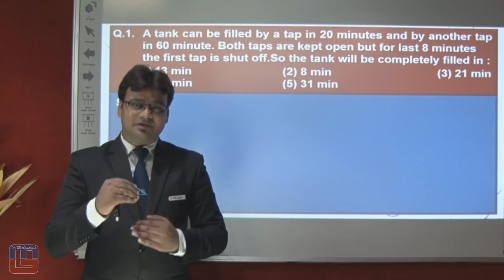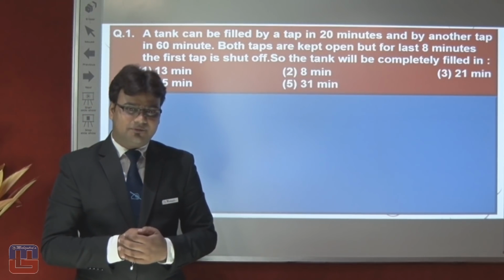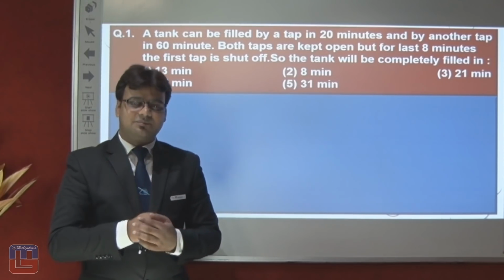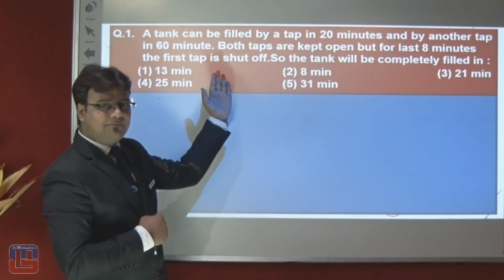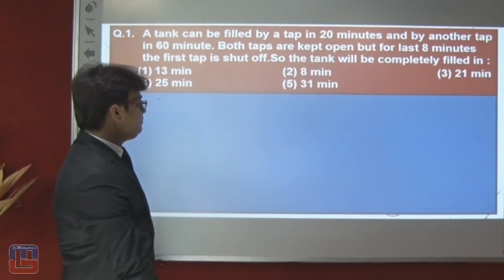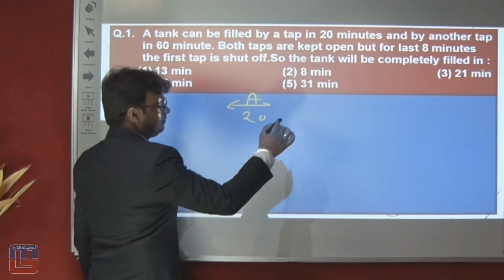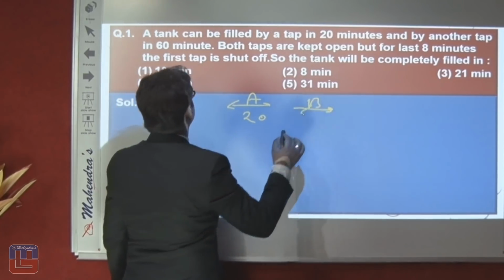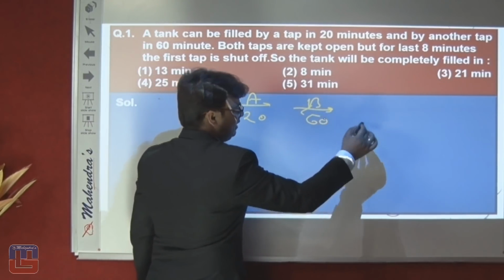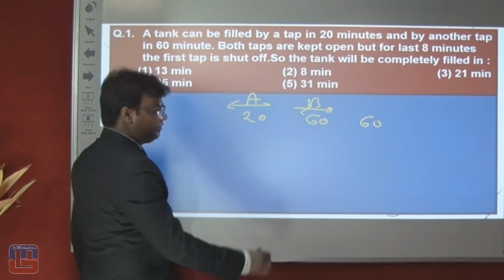That means the first tap is shut off in the last 8 minutes, so in the last 8 minutes which pipe is working? The second pipe is working. See, the first pipe A can fill in 20 minutes, B in 60 minutes. We take the LCM, that means 60.